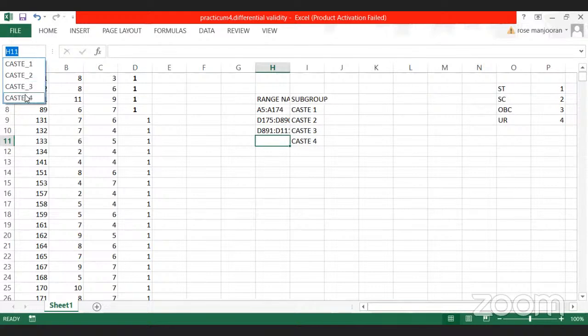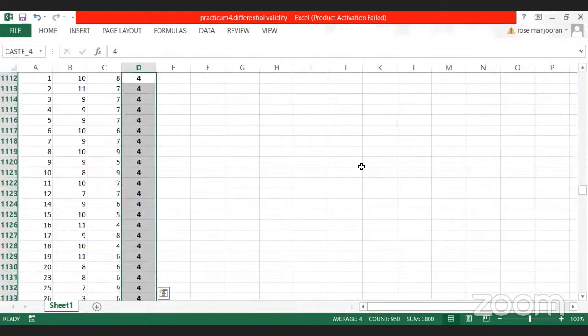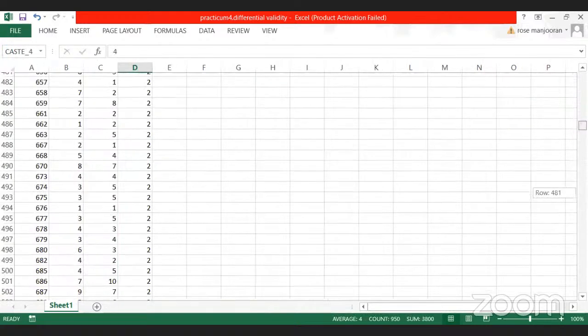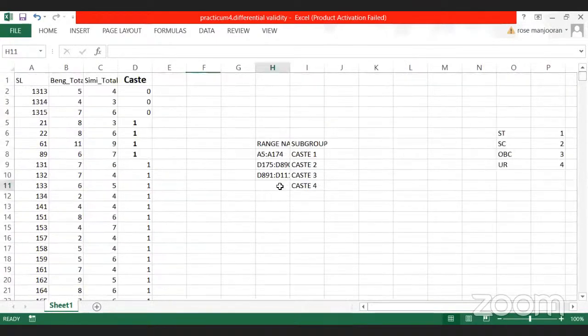For caste 4, this will be the range. So we will write D1112 till D2061. This will be the range.